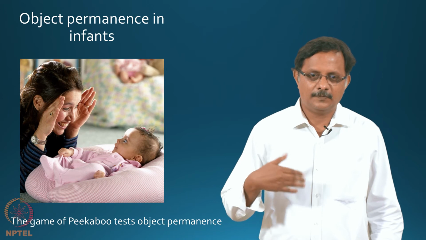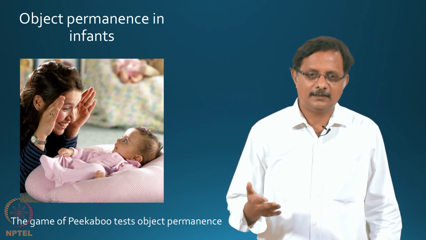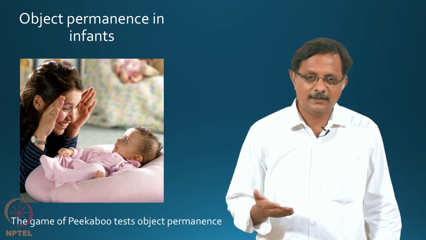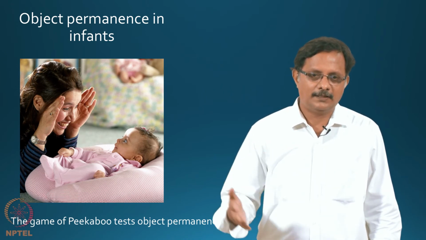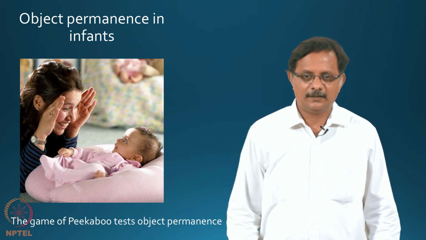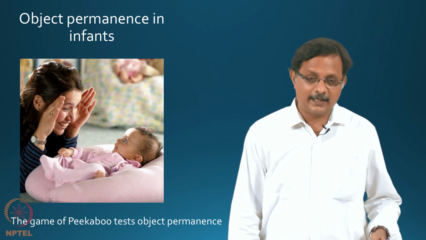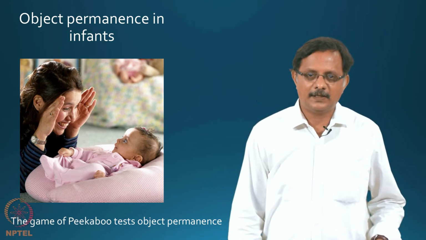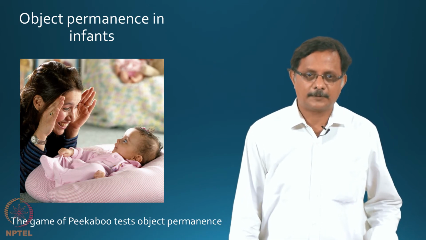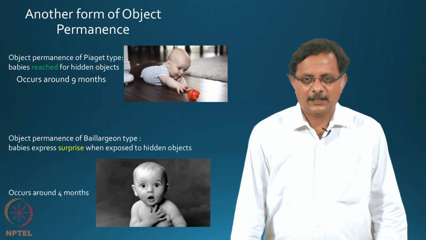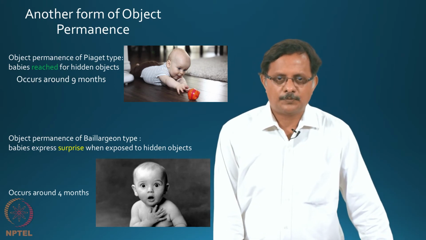When the baby understands that the face exists even though it is covered, the baby shows happiness or surprise, and so in this game the infant is revealing the ability to recognize object permanence. But it has been found that there are two kinds of object permanence.